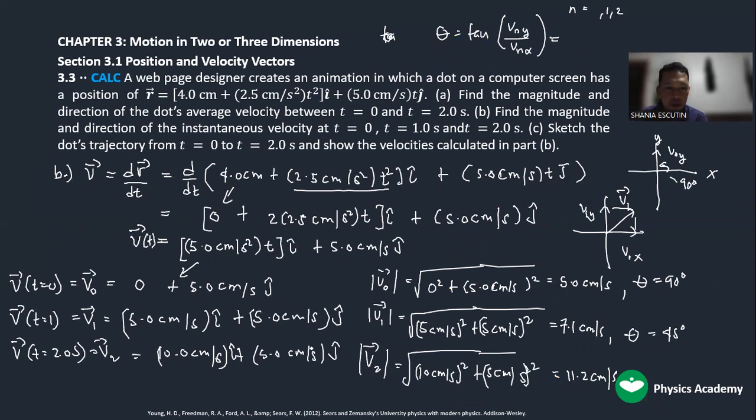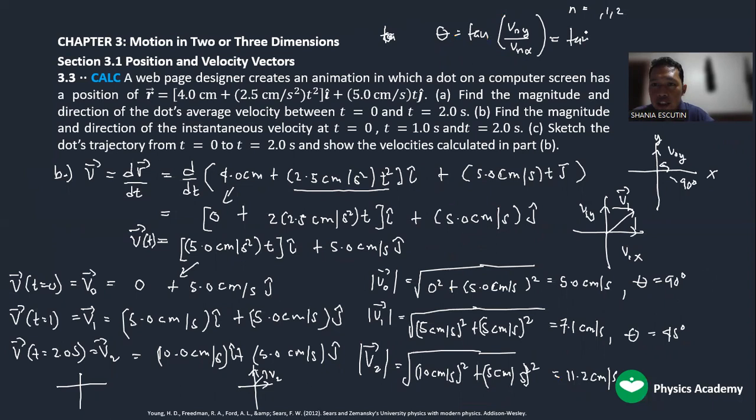How about for v sub 2? Let's graph the vector. Here we have positive and positive, so our v sub 2 is in the first quadrant.